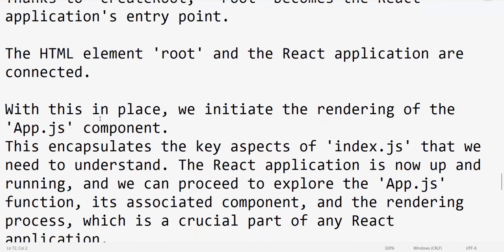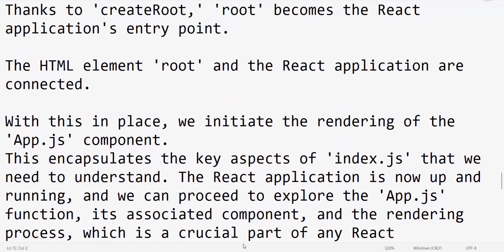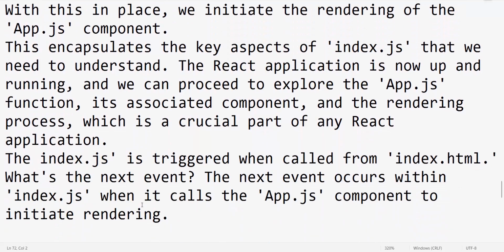The HTML element root and the React application are connected. With this in place, we initiate the rendering of the app.js component. This encapsulates the key aspects of index.js that we need to understand.